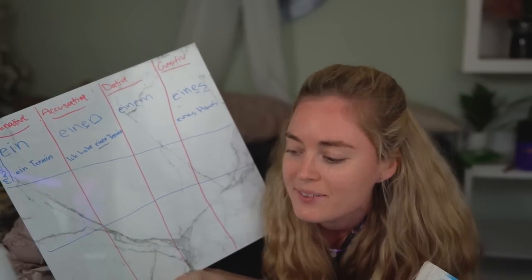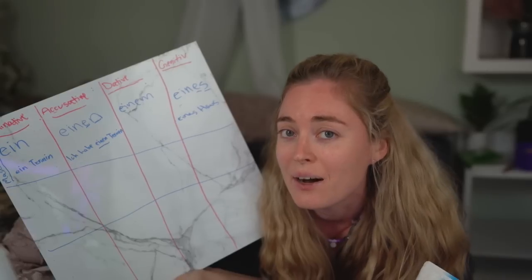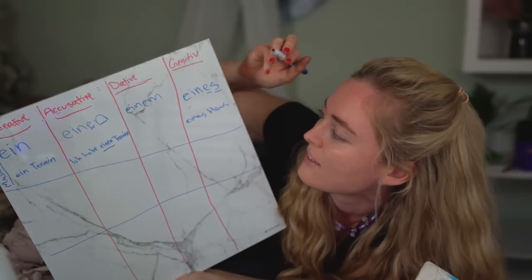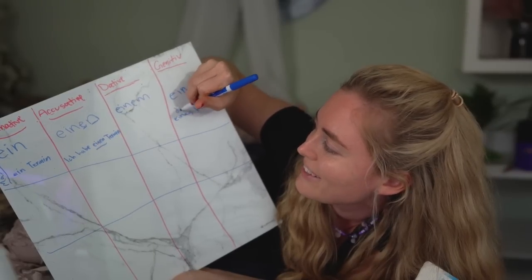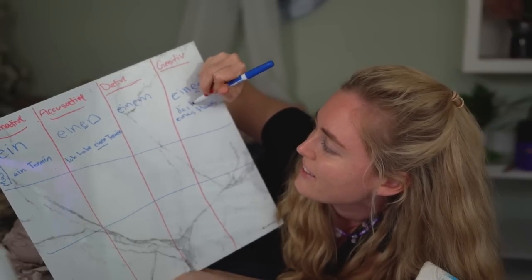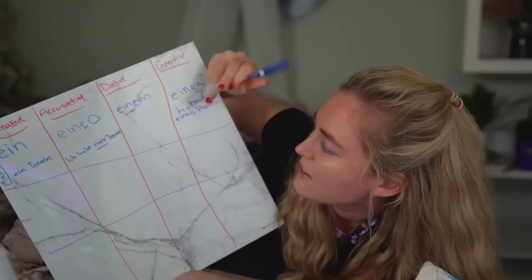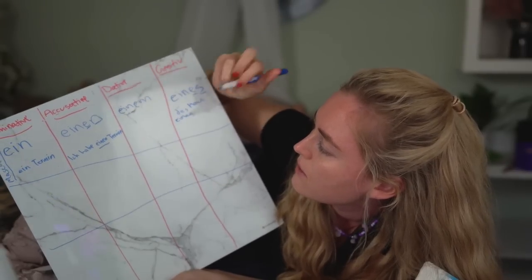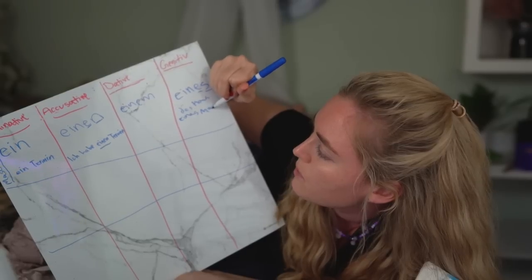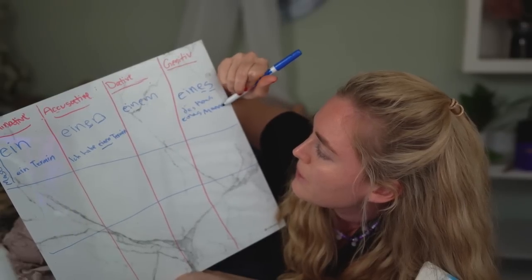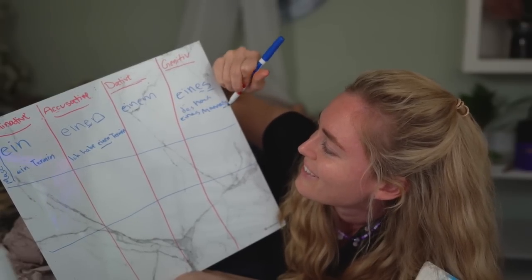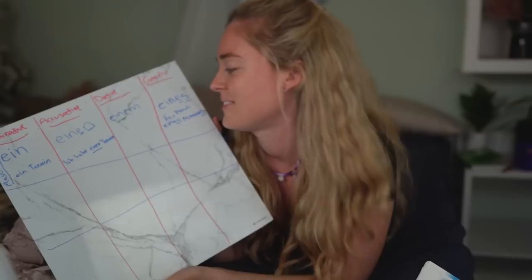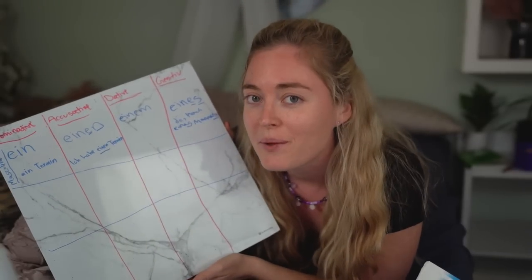Oh my goodness. Oh, des Haus eines Mannes, I think. It's so hard. Des Haus, oops, eines Mannes. I could be totally wrong on this. Let me know down below if I'm wrong on that.